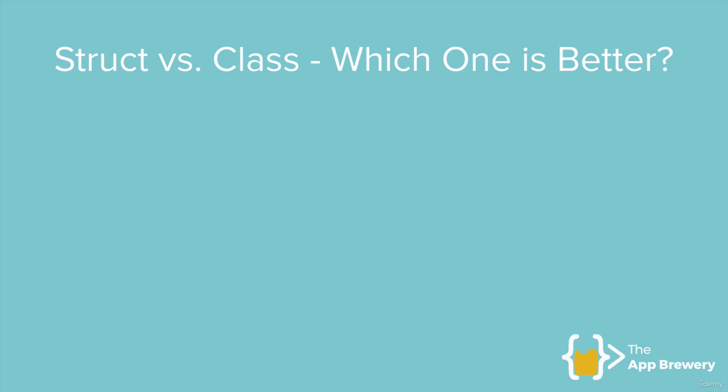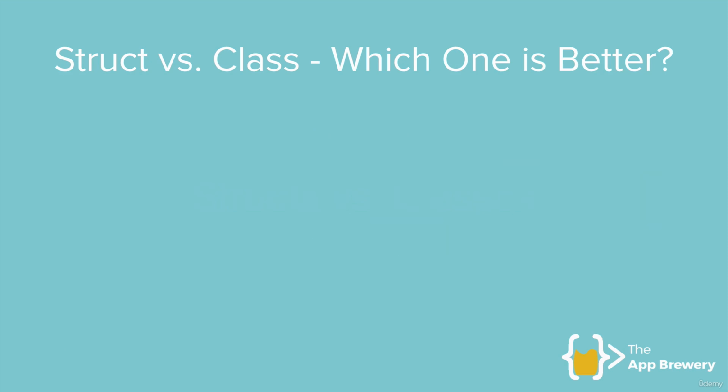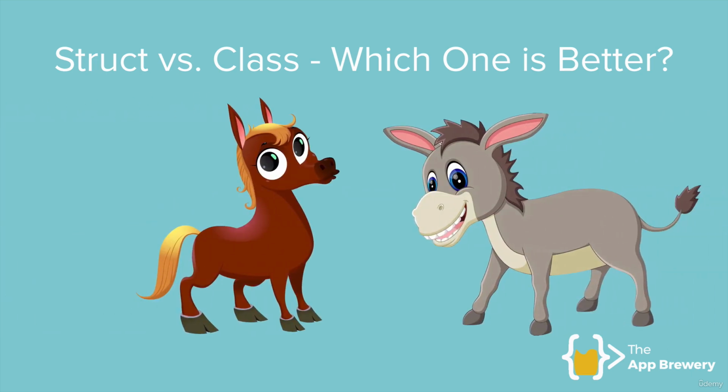But you should see everything inside programming, be it a programming language or a component, as being tools in your tool belt. And you should choose them in different scenarios and for different purposes. And just saying, which is better, struct versus classes, is kind of saying, which is better, a horse or a mule, right? They both have their uses. They both have their pros and cons.